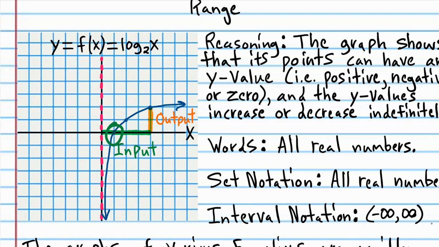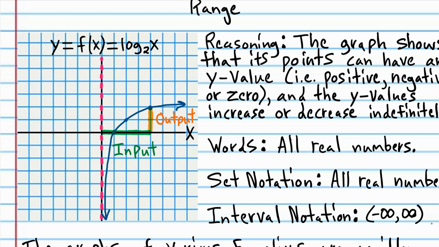Also, you see this point, 1, 0, is on the graph. That means that 0 is a y value of a point on this curve. So that's part of the range. All the y values on this graph are part of the range, and all the x values are part of the domain. That's how this works.